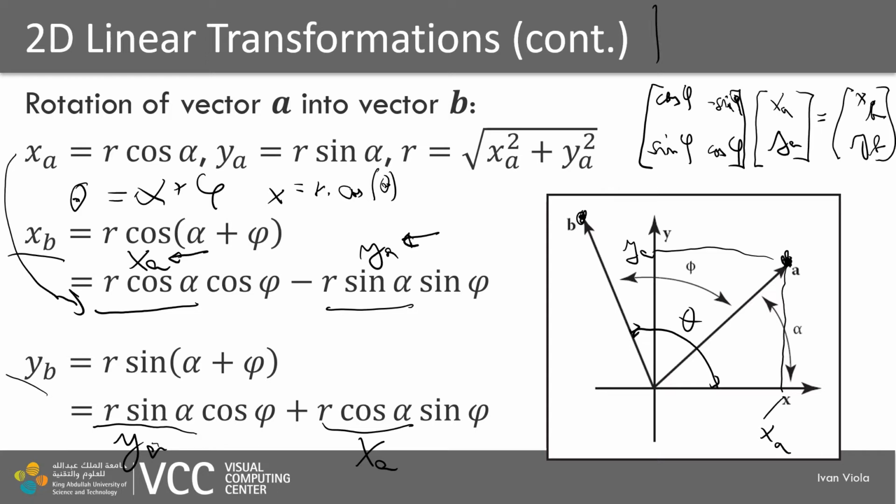This will be cosine phi times cosine phi minus minus sine phi times sine phi, which is cosine squared phi plus sine squared phi, and this is equal to 1. So these are orthonormal vectors, and this is a rotational matrix, as we have discussed before.